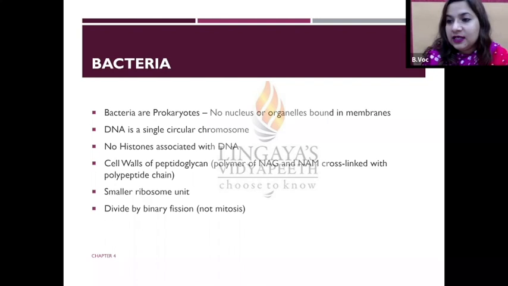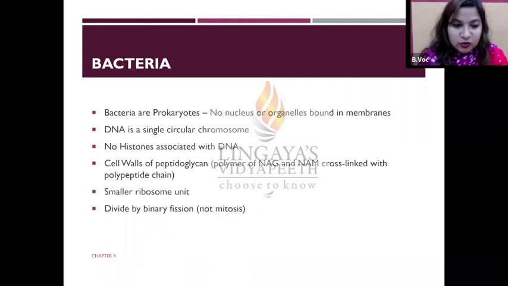They are generally single cells. Most of the bacteria are single cells, but some may be multicellular also. All right. So they constitute a large domain of the prokaryotic microorganisms. They are typically a few micrometers in length only, and they are the first life forms that appeared on the earth.